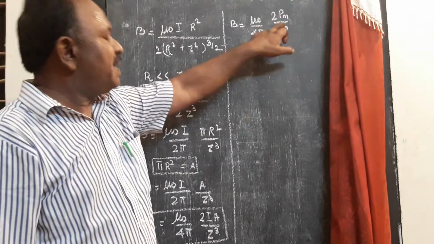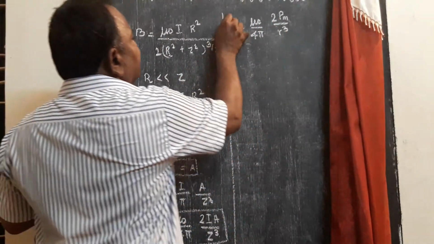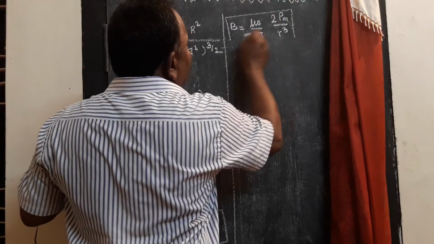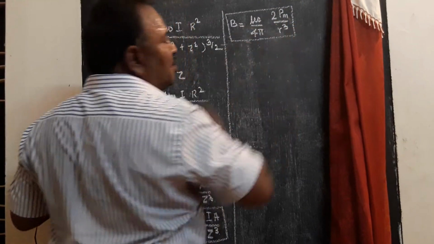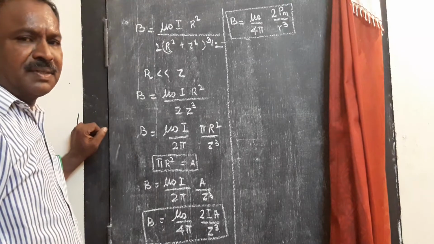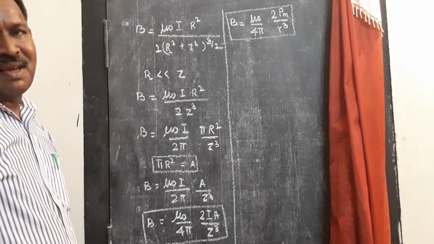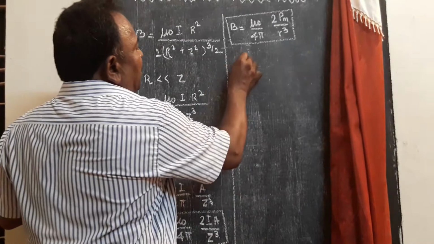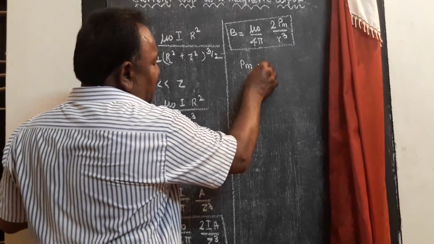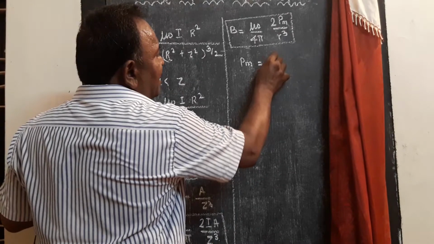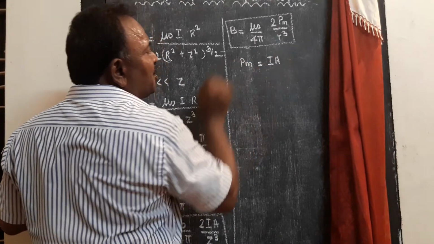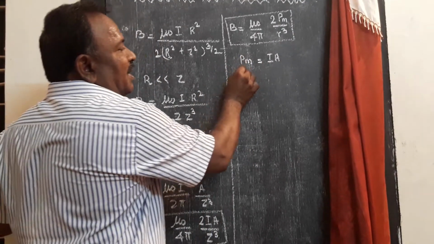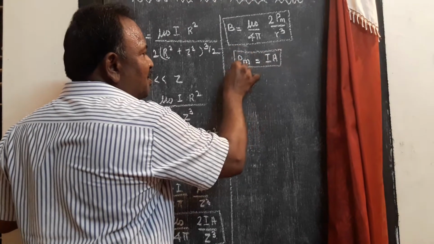This is the magnetic field at any point due to a short bar magnet on its axial line. So when we compare these two expressions, Pm is equal to IA. So the magnitude of the dipole moment Pm is equal to IA.